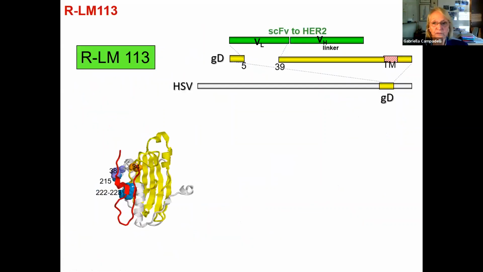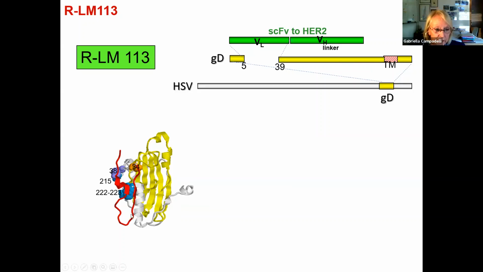So this is our first fully retargeted virus. This is the genome of HSV, 150 kilobase pair. This is the gD gene, which is here. Initially, we made a deletion. This deletion removes the ability to interact with the natural receptors. And in place of this deleted region, we inserted a ligand to HER2, which was a single chain antibody to HER2, that you can see here on the left side.